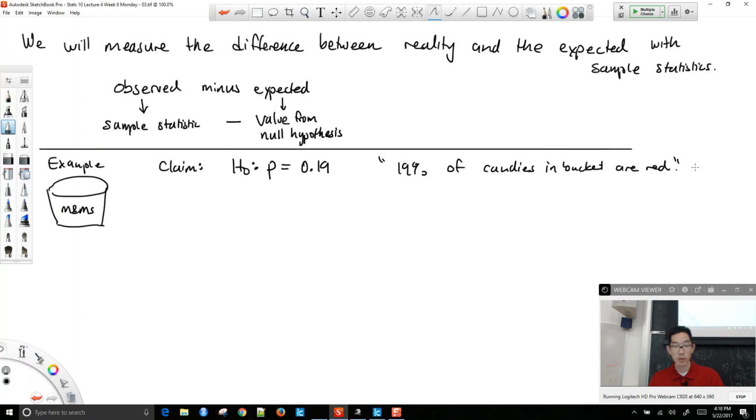So if this is the case, what we're going to do is take a sample. Let's say we take a sample of 100 pieces of candy, random pieces of candy. So we get a random sample.